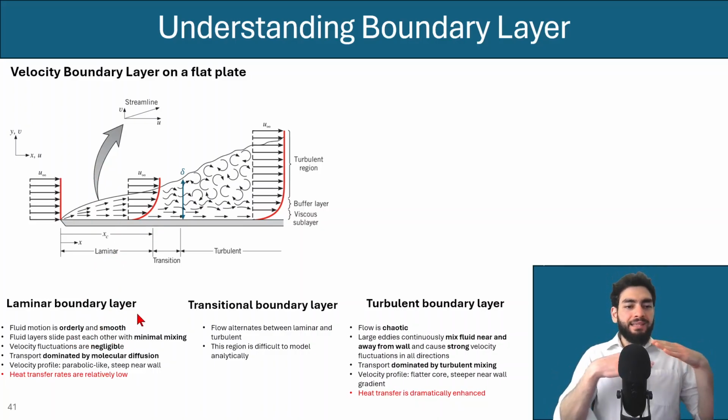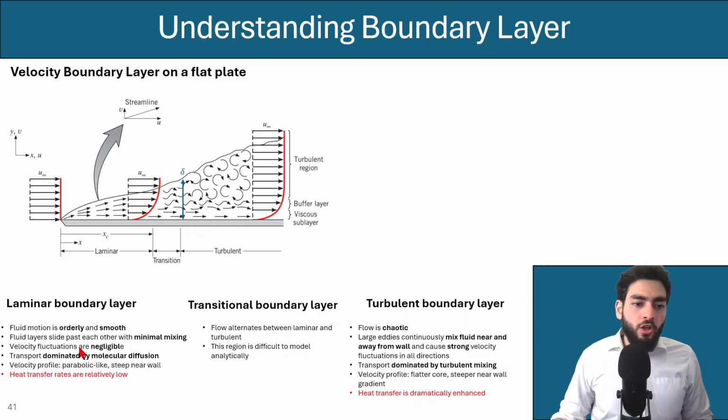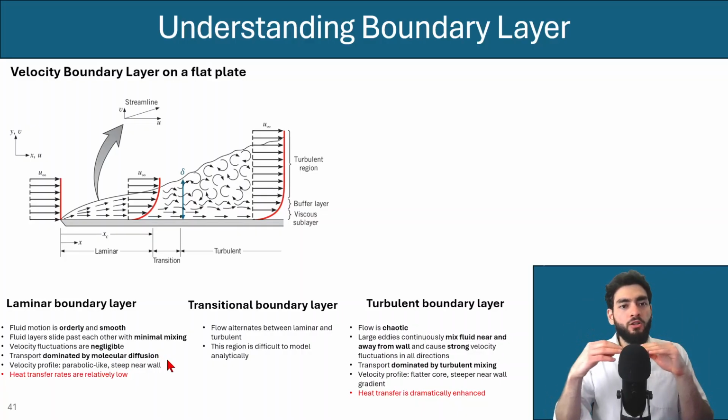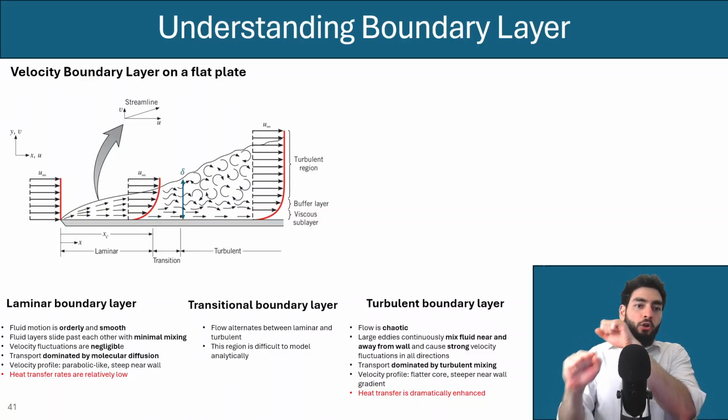The fluid layers slide past each other with very minimal mixing. Velocity fluctuations are negligible. And so the dominant transport method is molecular diffusion, and molecular diffusion is the random motion of the molecules that causes the molecules to collide.